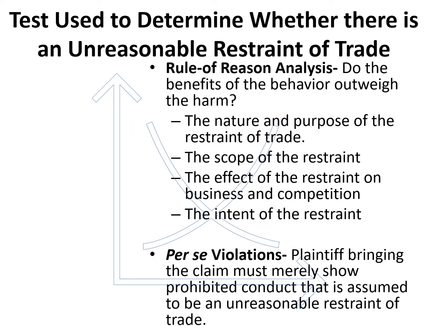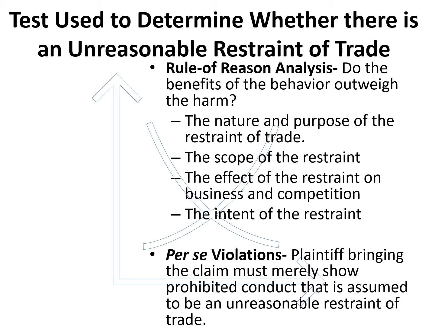They've agreed to price fix at $20 everywhere they go. If they're such a small part of the market that really their agreement doesn't make it difficult for us as buyers to find other sellers at different price points, then this would not be a violation.